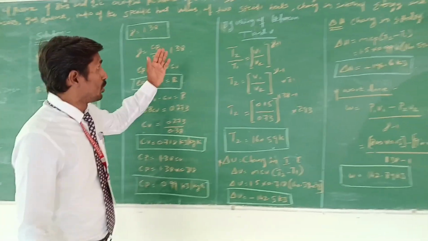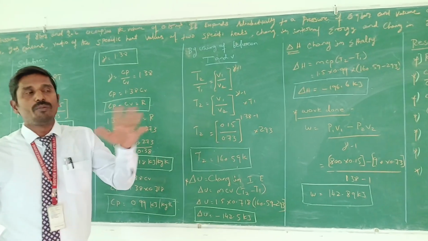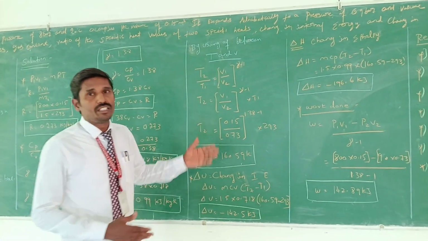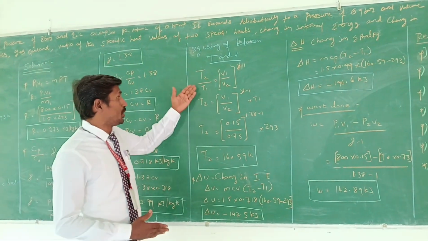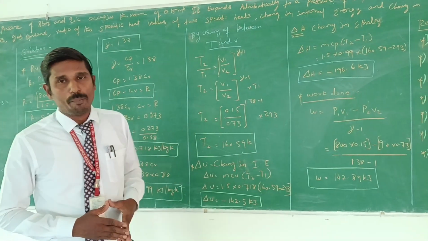Then using the temperature and volume relation, we need T2, the final temperature. T2 divided by T1 equal to V1 by V2 to the power lambda minus 1.